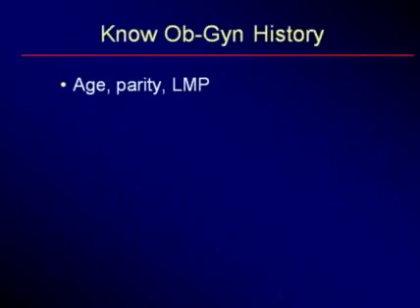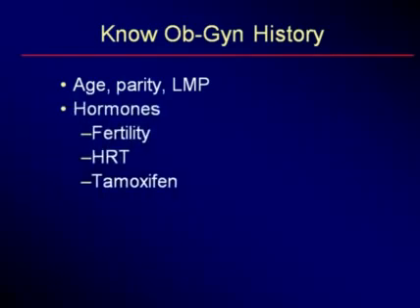First of all, know the OBGYN history. It's very important, especially in gynecologic and obstetrical history, to know the age of the patient, the parity of the patient, the date of the last menstrual period, the hormonal status of the patient.